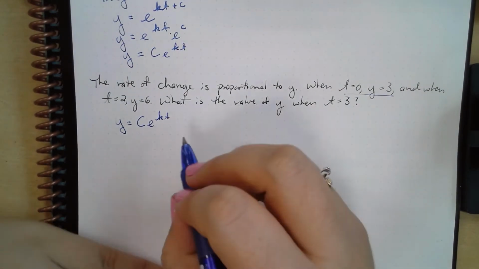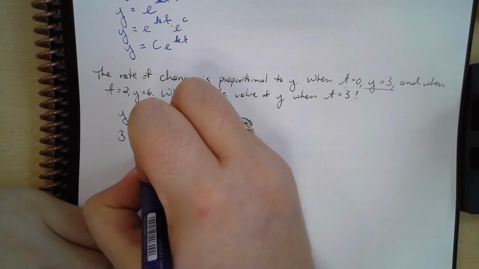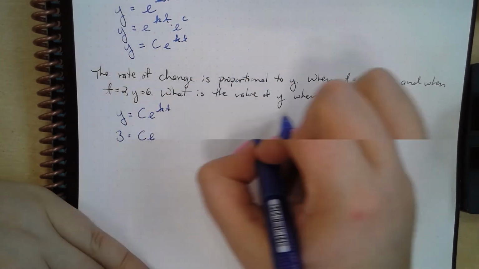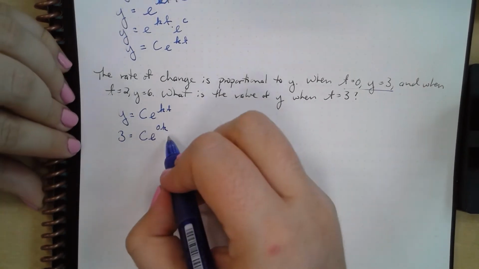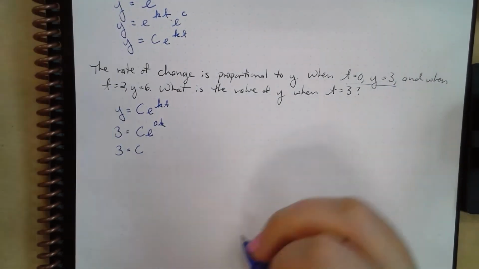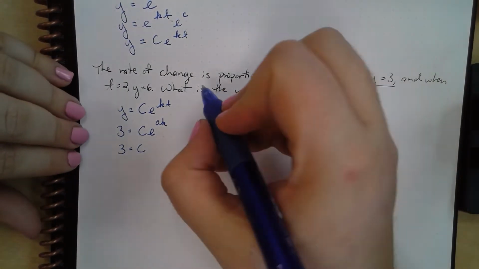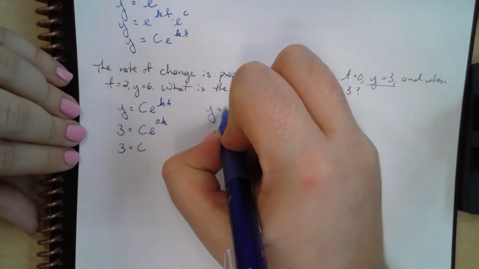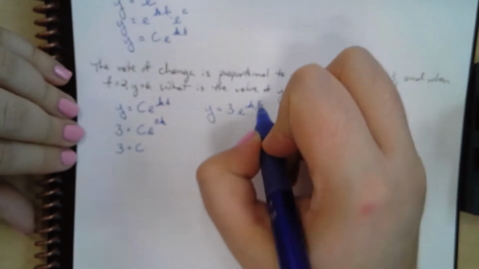So when t is 0, we have ce to the 0k. Anything to the 0 power is equal to 1, so we have 3 is equal to c. Great, perfect. So now we can rewrite our model as y equals 3e to the kt.